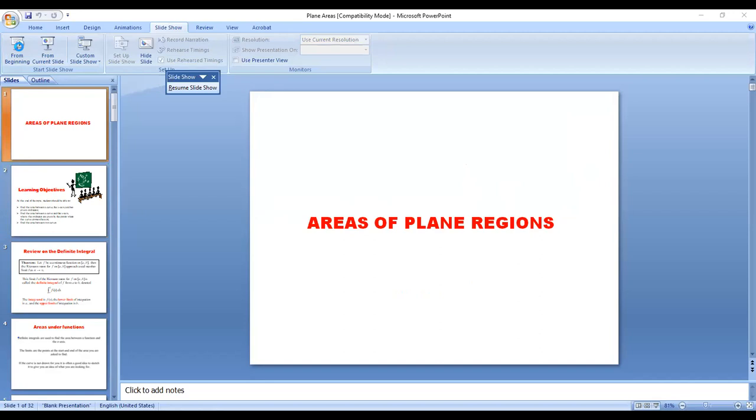Can you see the slide on slideshow mode?